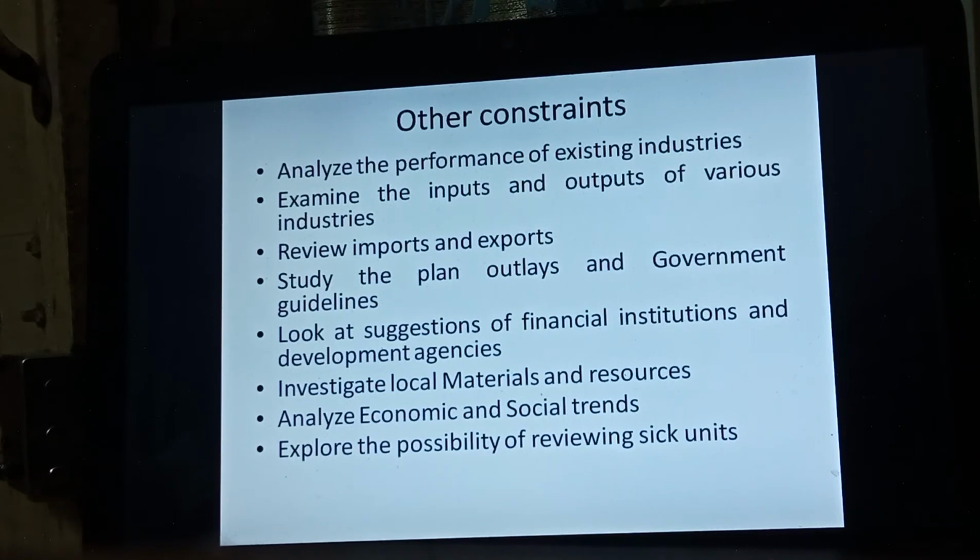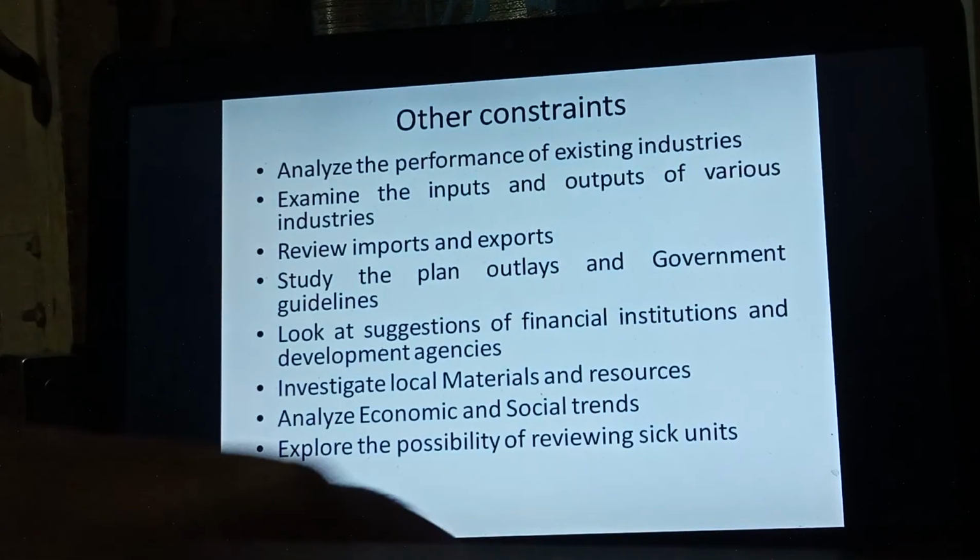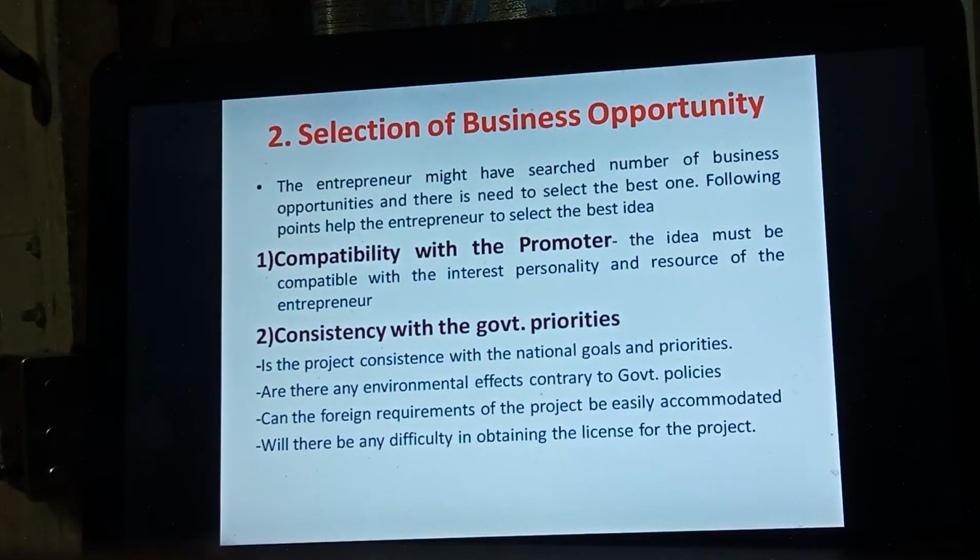So how to start a new project so that the profit of the sick units is improved. Next is selection of business opportunities. The entrepreneur might have searched a number of business opportunities, and there is need to select the best one.